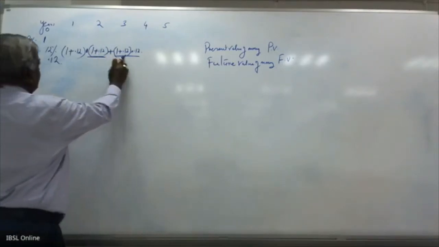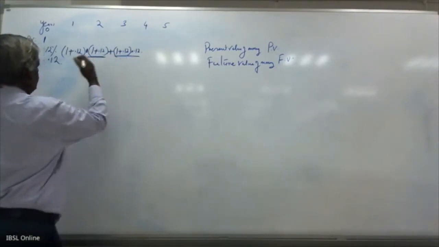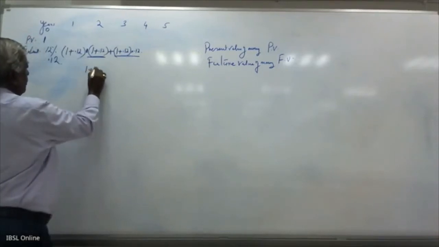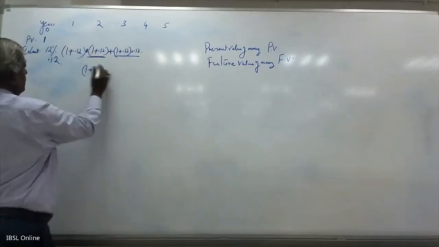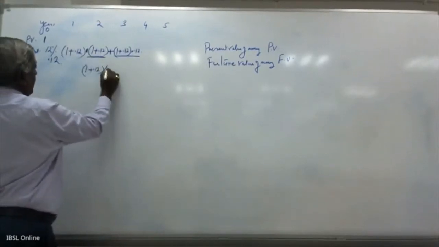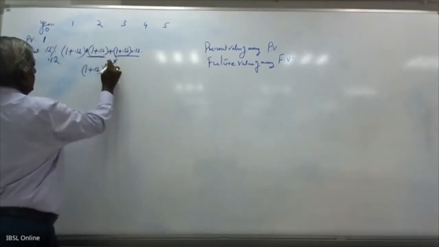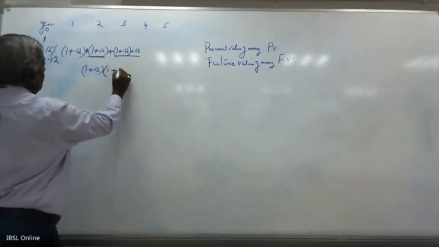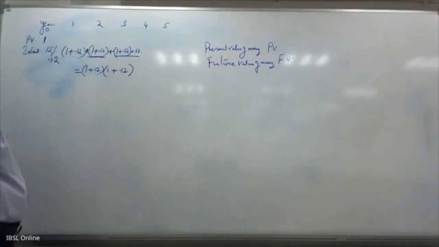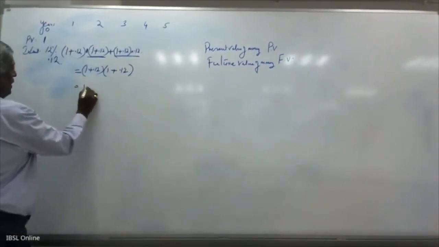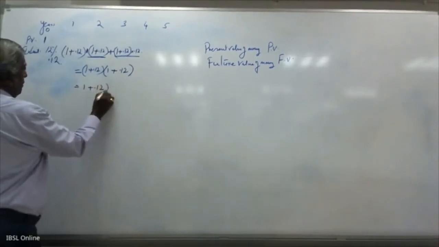This is the common factor, 1 plus 0.12. If you take it out, 1 will remain, then plus will remain, and then 0.12 will remain. So this is 1 plus 0.12 to the power 2.